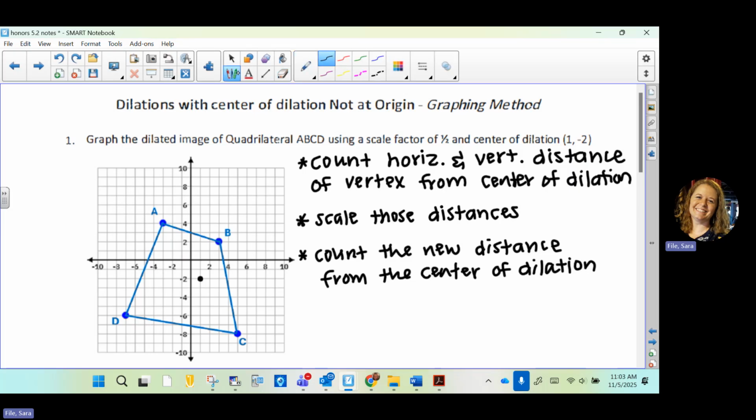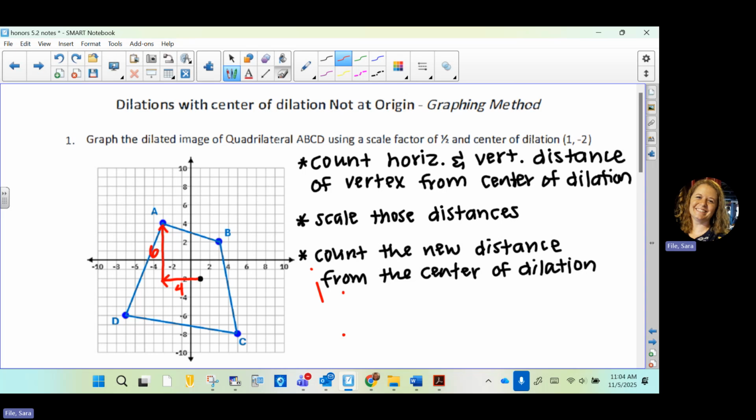So for point A, I'm starting with vertex A. I want to count the vertical and horizontal distance from the center of dilation. So here and here. From the center, I go 1, 2, 3, 4 left. And then 1, 2, 3, 4, 5, 6 up. Do y'all agree?